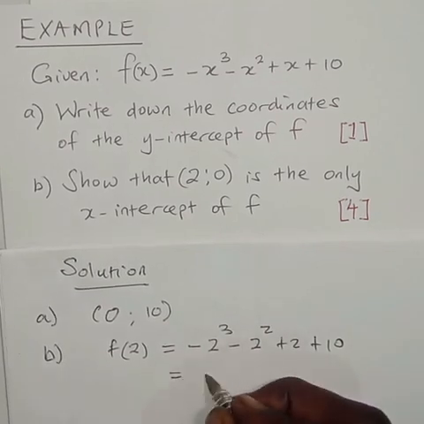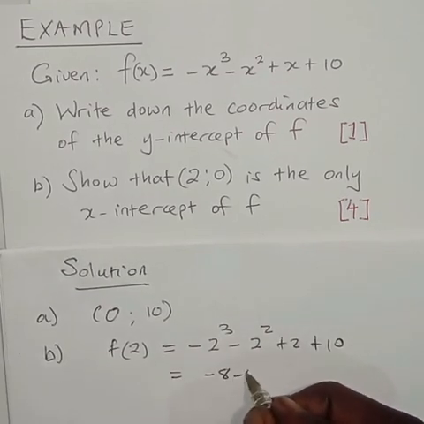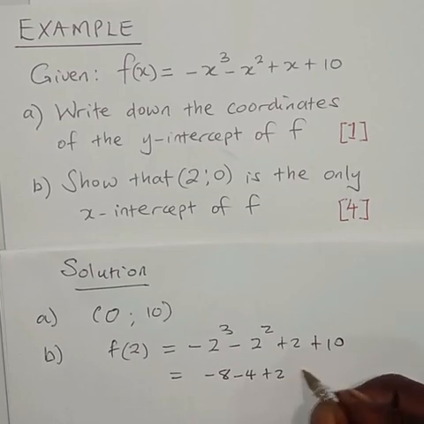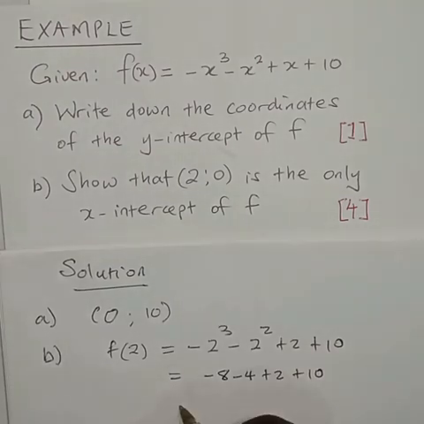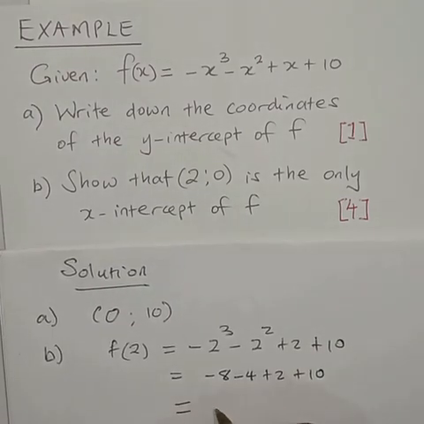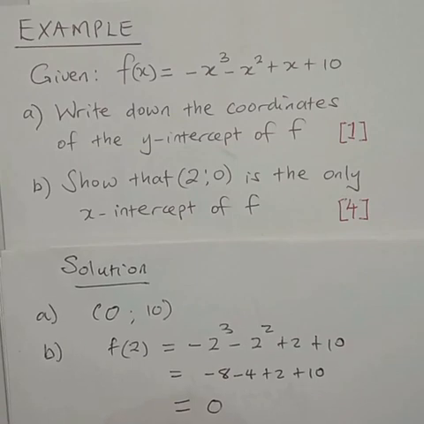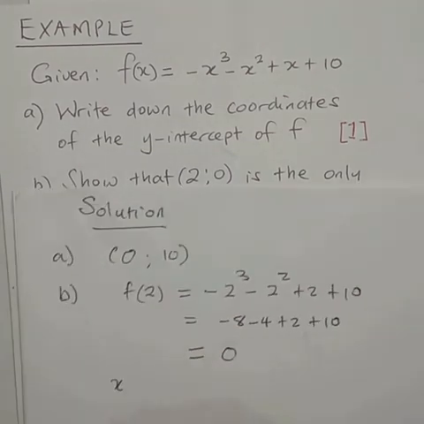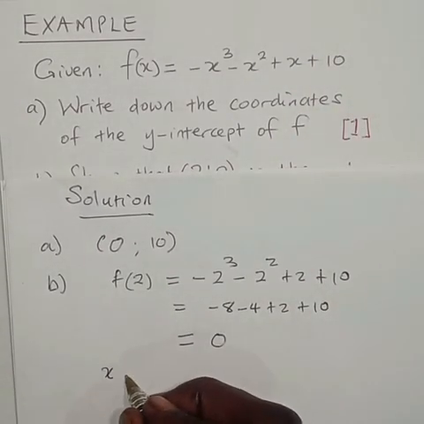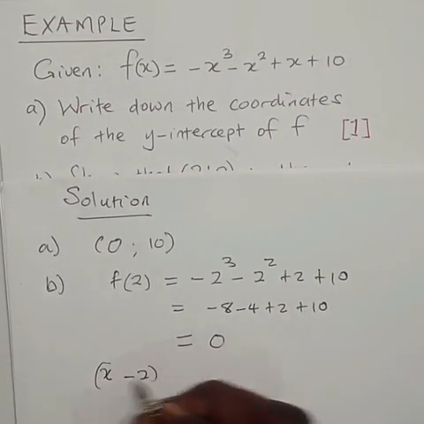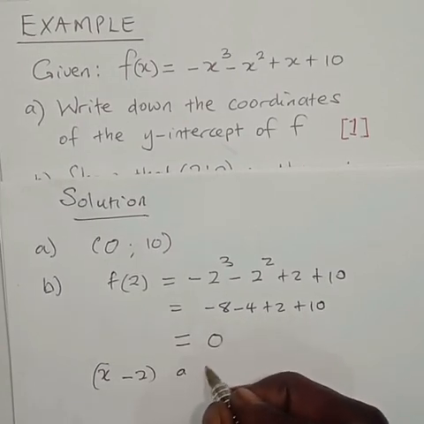What you get here is minus 8 minus 4 plus 2 plus 10, which gives a 0. So x minus 2 is a factor of f(x).